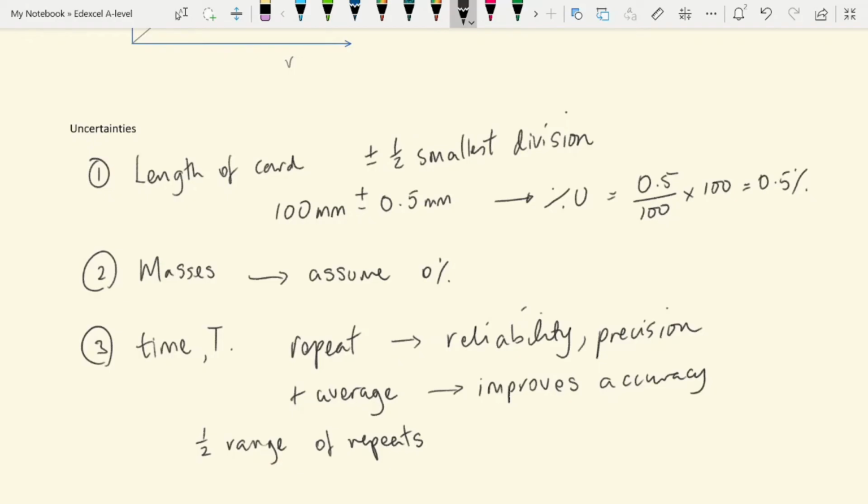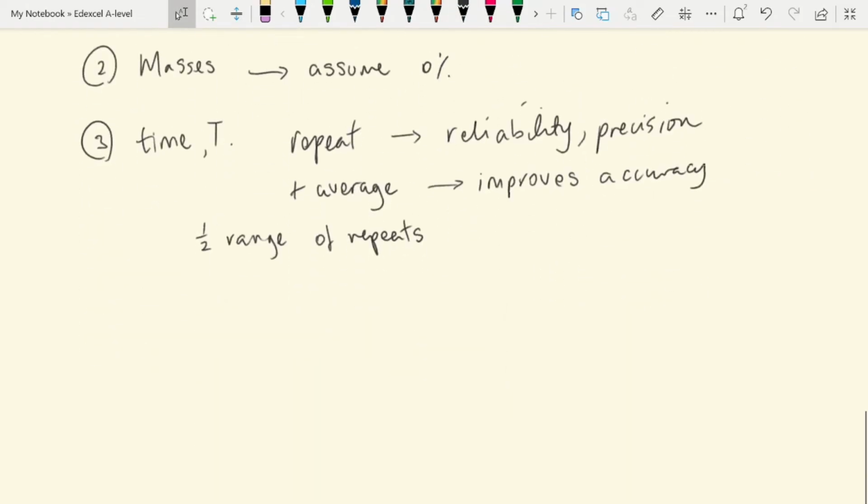So let's suppose then that we have a set of times like this. Three repeats is fairly standard. If you get a lot of variation, you might be better off doing even more than 3 repeats.